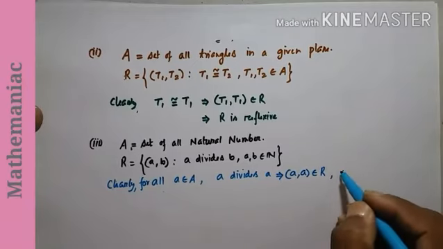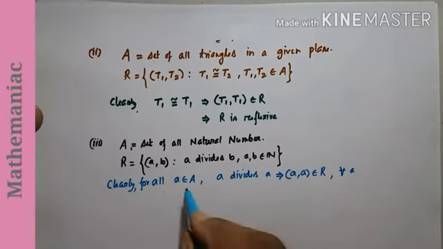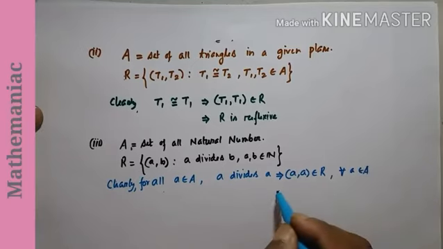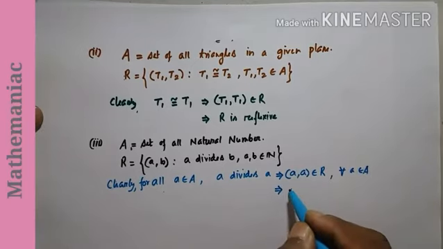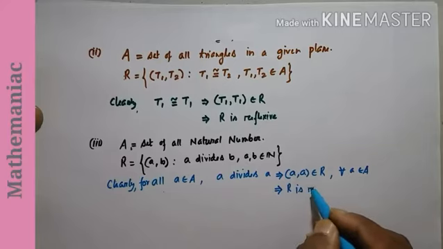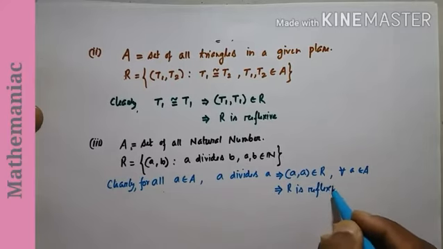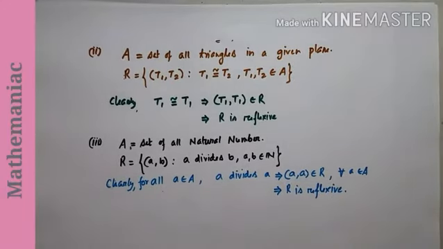And this is true for all A. So if this is true for all A, I can say that R is reflexive. So these are the three examples of reflexive relation I have considered.